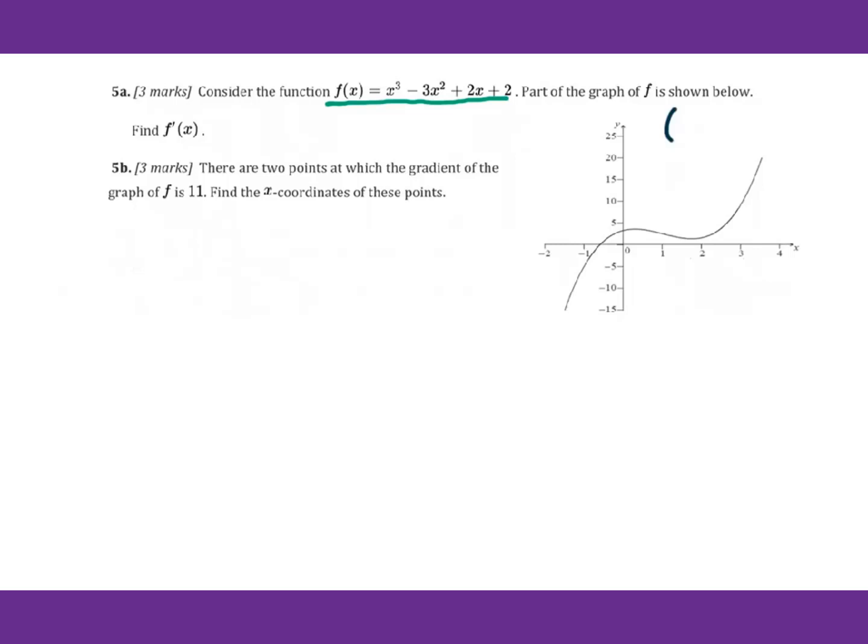Using the power rule of derivative, for x to the nth power, the derivative is: drop down n, then x to the n minus 1th power. So for f prime of x, we take the derivative of each term, and we get 3x squared minus 6x plus 2.